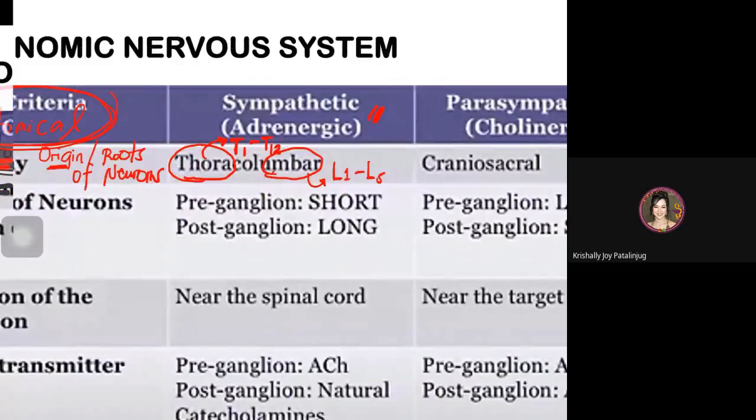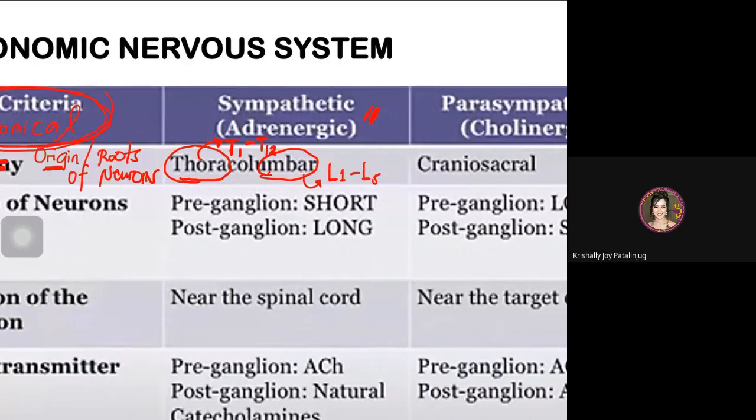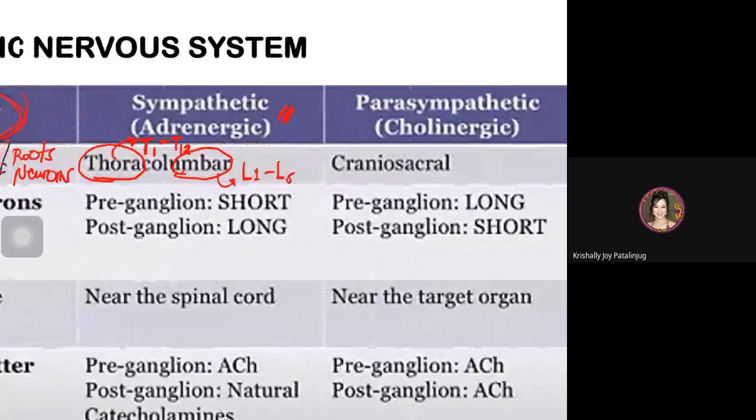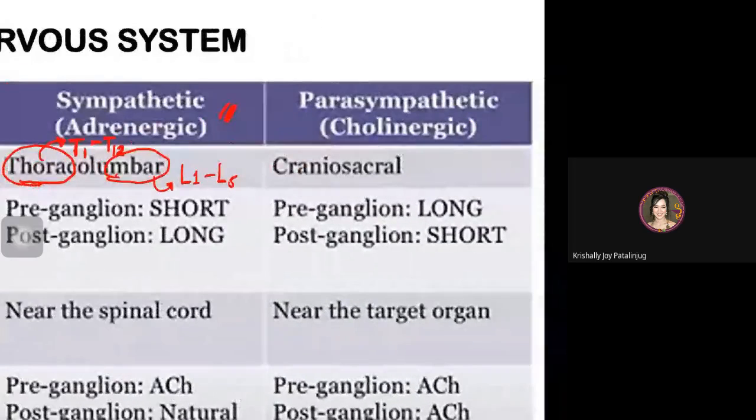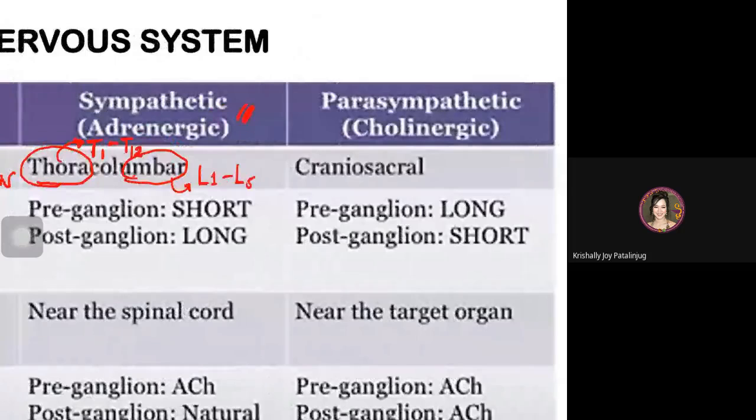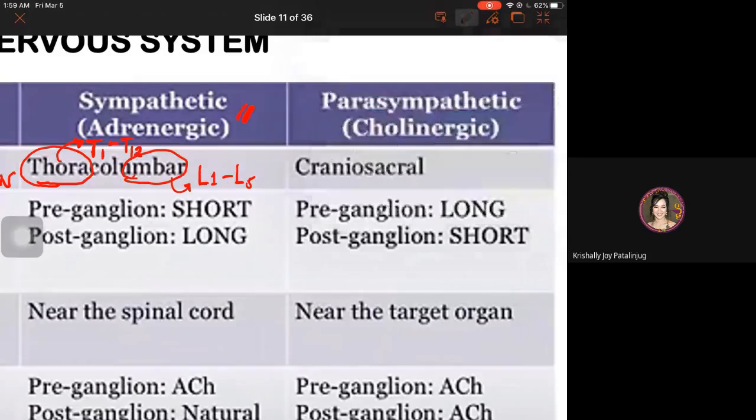Now, next, parasympathetic naman. Okay, parasympathetic nervous system, this is also known as craniosacral nervous system because there are cranial nerves, diba? There are cranial nerves and sacral nerves that specifically carry parasympathetic responses.